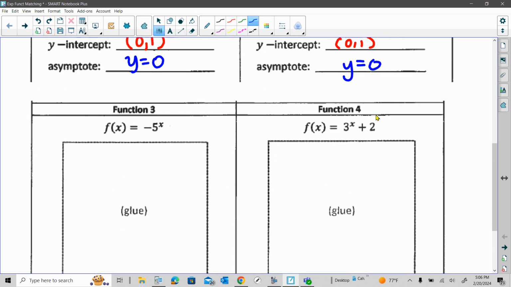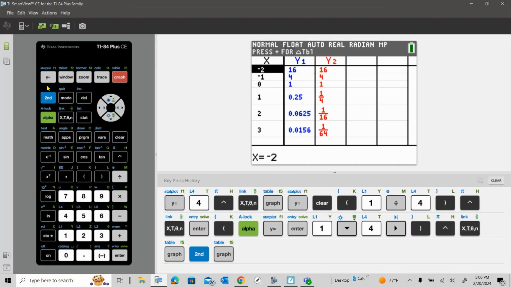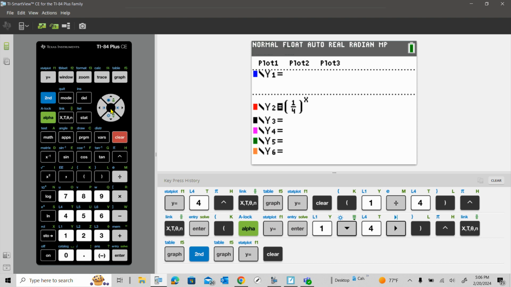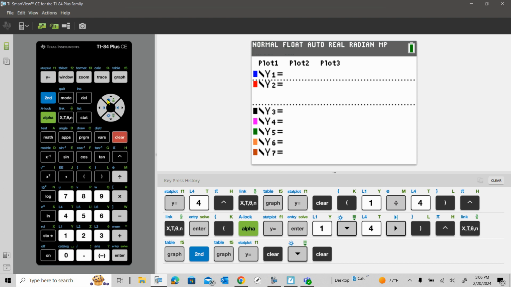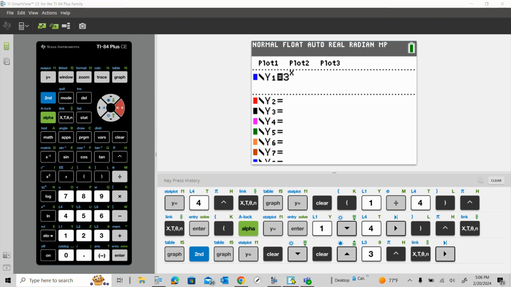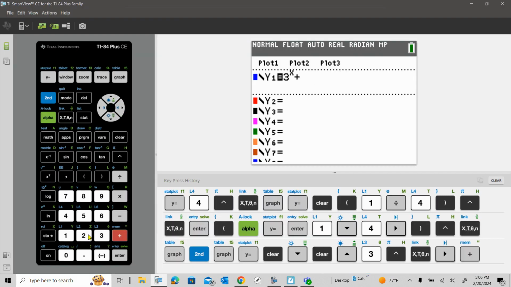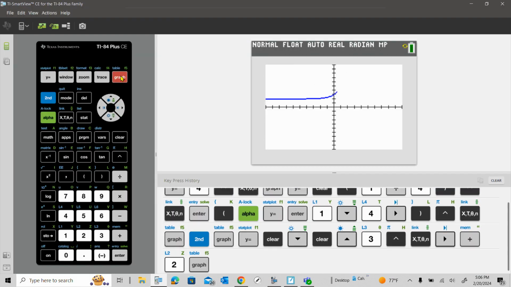If I'm doing a problem like function 4 here, 3 to the x power plus 2, I go back to my y equals and clear this out. We put 3 to the x power, then arrow to the right. Was it -2 or +2? It's +2. We put +2 and graph it, and now we're trying to find our match.